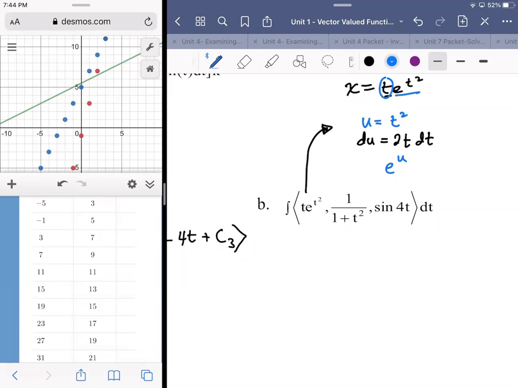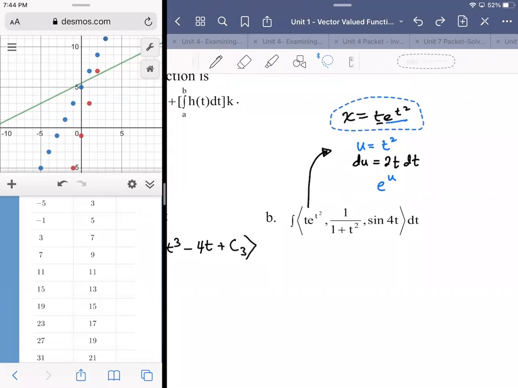Now I just want to do something about this. So what I do is I just kind of manufacture it. Because again, ultimately, if I can speak, which is becoming more and more difficult as the evening goes on, ultimately we're looking for the integral of t e to the t squared dt.